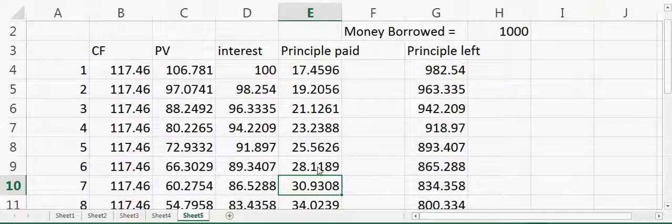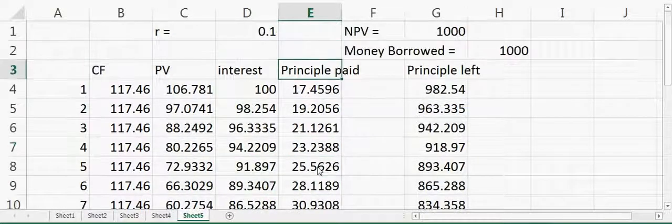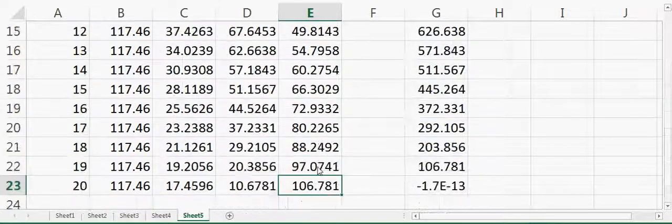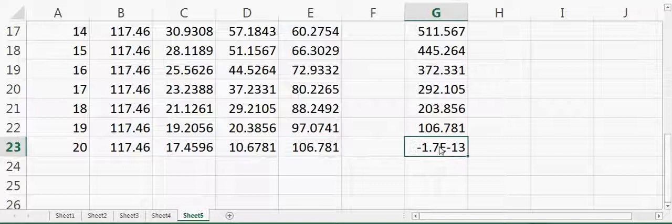At the end of 20 years he will be paying $10 as the interest and 106 as the principal. The interest amount is very low and it will leave him with a zero balance. Here it is giving 1.7 times 10 to the minus 13, which is 0, but because it's Excel, it calculates to a very long decimal, so it should be 0.